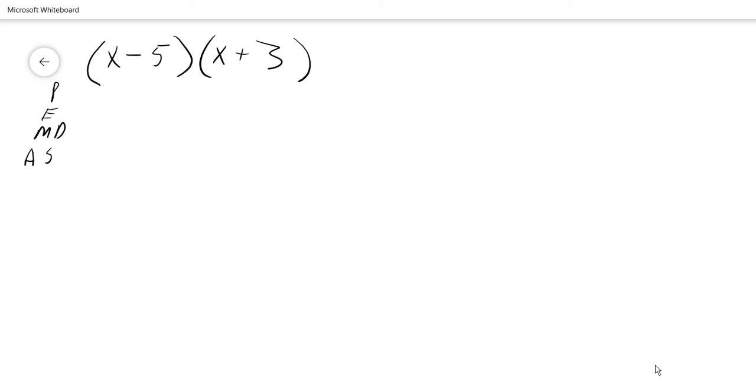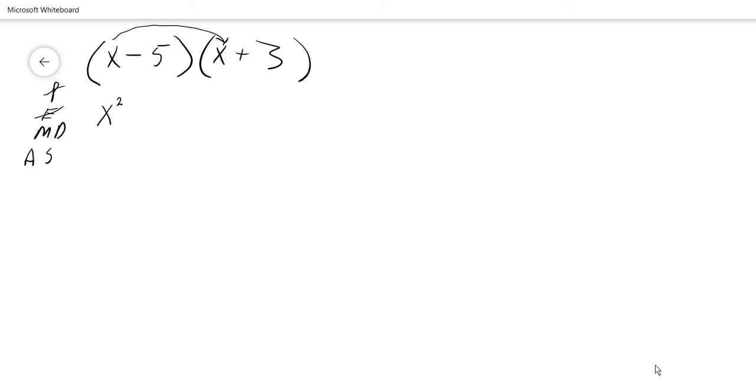They have to have the same letters, and those letters have to be to the same powers before we can add or subtract them, and that's not what's going on here. So we can't follow the parentheses rule. We don't have any exponents to deal with, but we still have to do the multiplication. So we multiply everything in one set of parentheses by everything in the second set of parentheses.